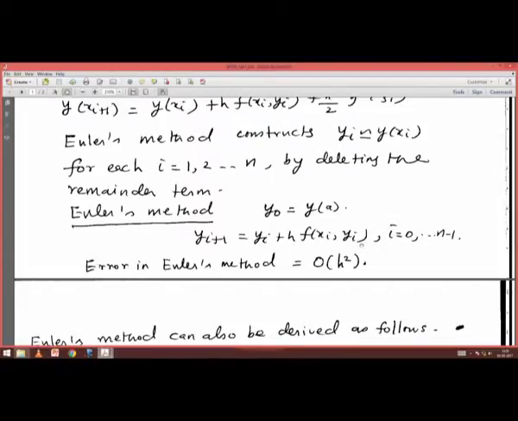So, continue this way till you reach the last point which is xn, namely b, so that yn is equal to yn minus 1 plus h into f of xn minus 1, yn minus 1. And you observe that Euler's method agrees with the Taylor series method of order 1. So, error in Euler's method is of order of h square.